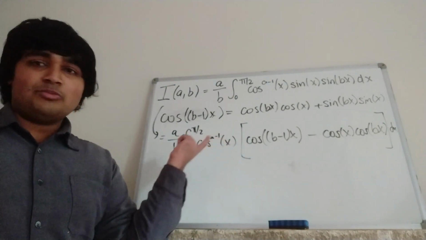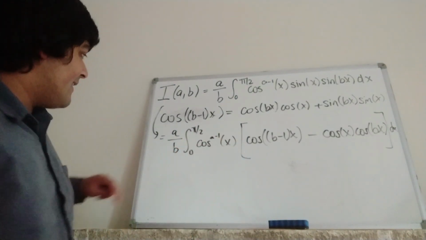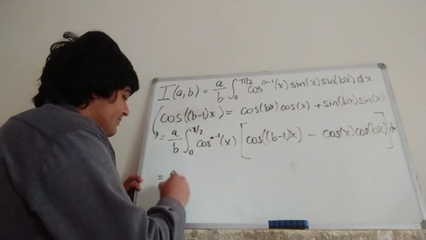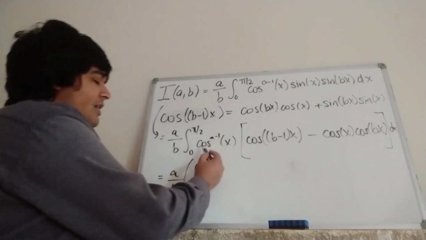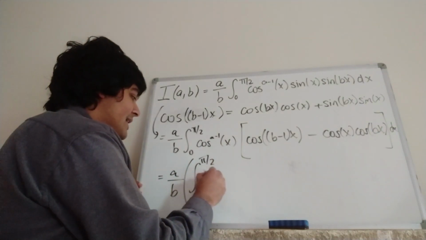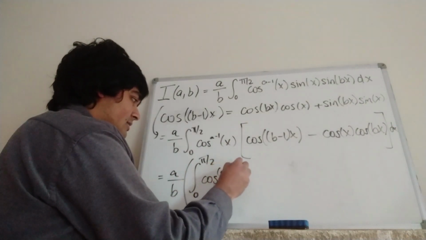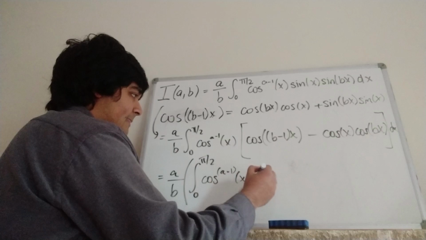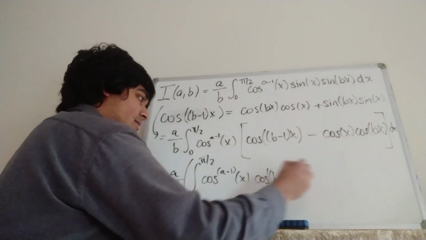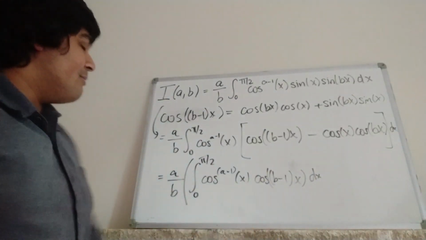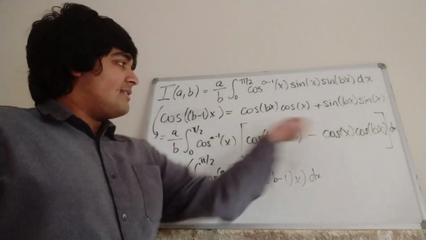Okay, and now we're just going to split this into two integrals. Keep this a over b out front, and then we get the integral from 0 to pi over 2 of cosine a minus 1 x times cosine b minus 1 x dx, like so, and then minus the integral of this guy times this guy.